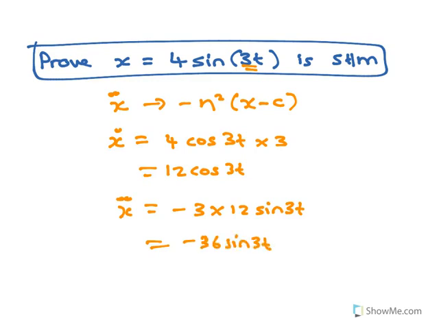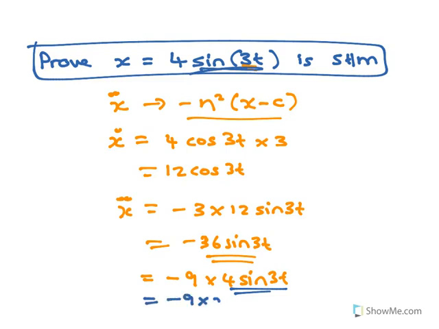Now, to get it into the form of minus n squared x minus c, take out minus 9, and that would be 4 sine 3t, and you can see that this just matches the function at the top here. So that's going to be minus 9x, because 4 sine 3t equals x.